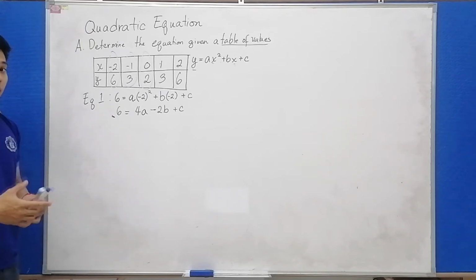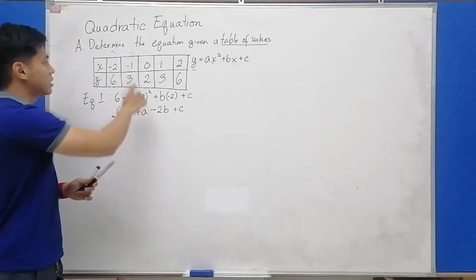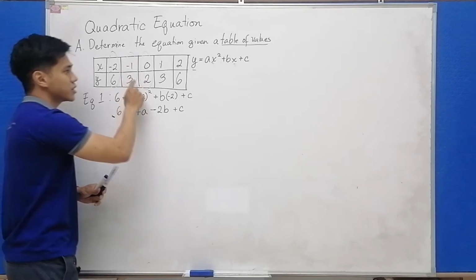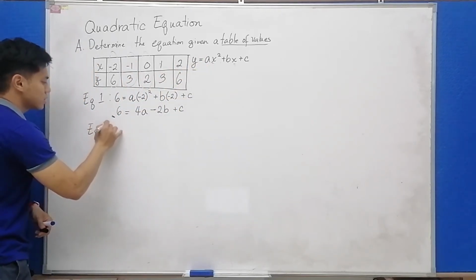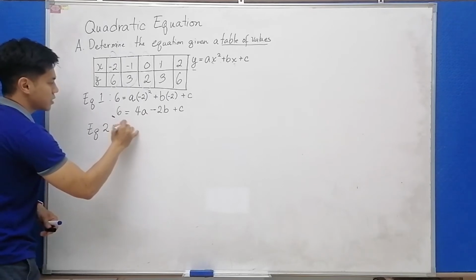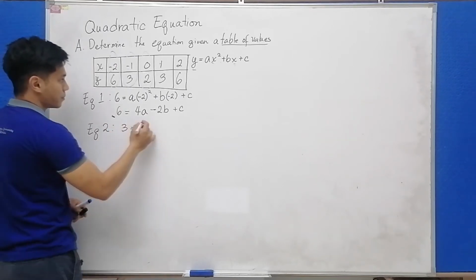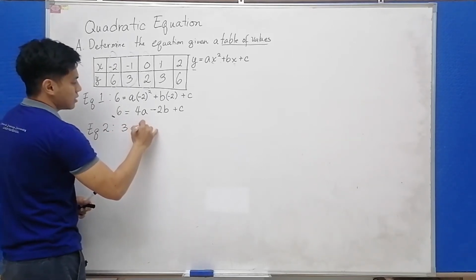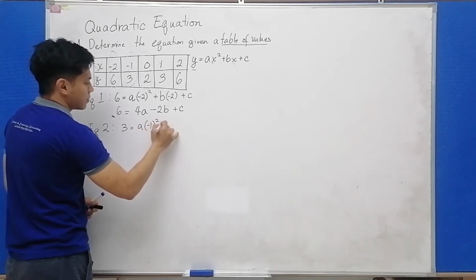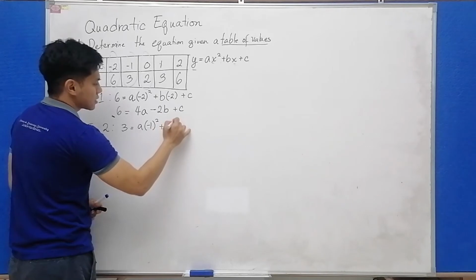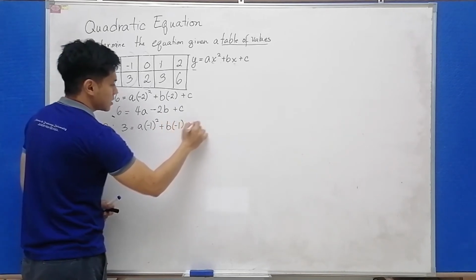For the second pair, we will now use -1 and 3 in the equation. Same procedure. We'll name it equation 2. So we have 3 is equal to a times -1 squared plus b times -1 plus c.